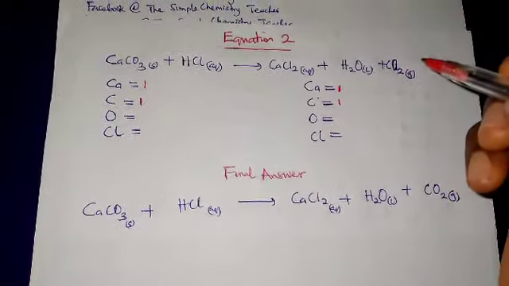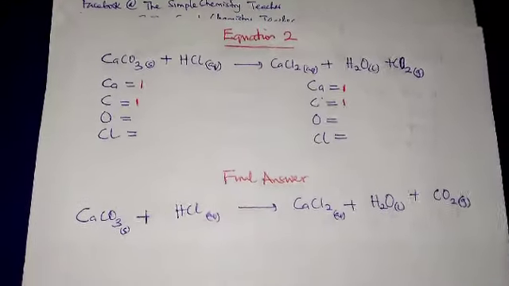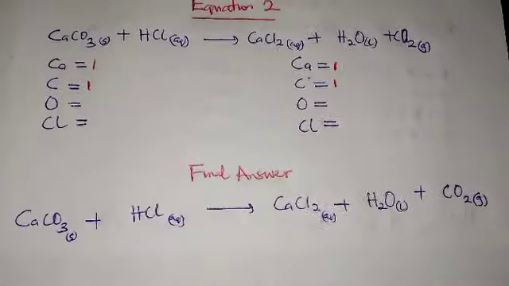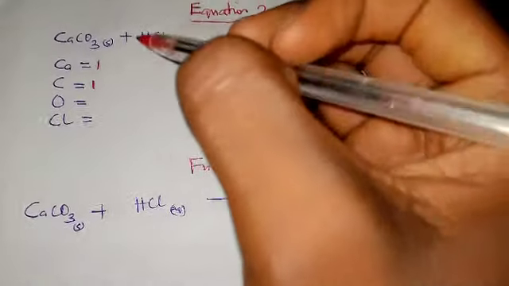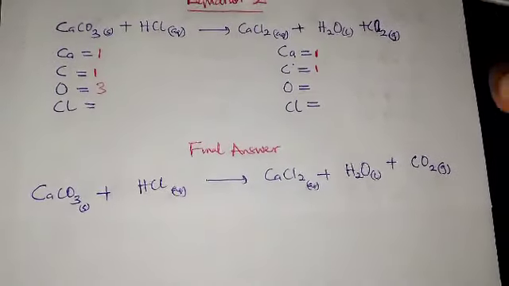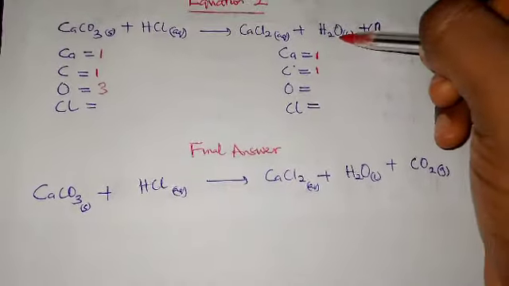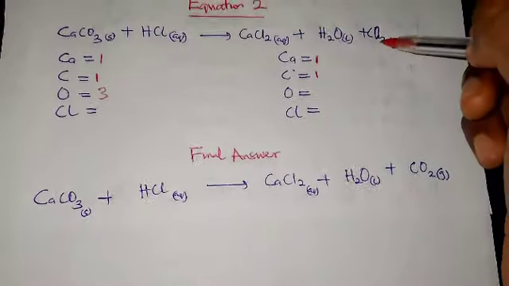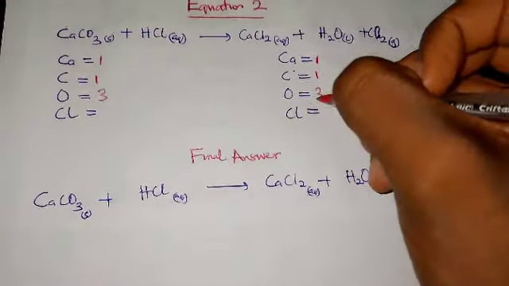How many oxygen do we have? Okay, here we have 3 oxygen. So how many do we have here? We have 1 oxygen and 2, so we have 3.